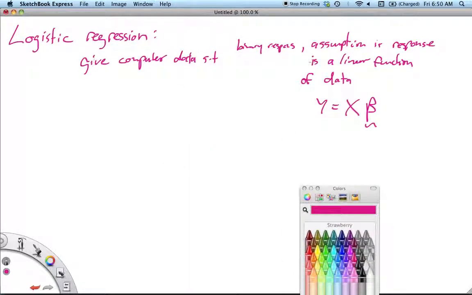You're going to give your computer this data, and there is room for interactions between variables here, but we just want to see that we're putting in data, and we're assuming that there's some kind of handy linear relationship between the data and the outputs, and that relationship is controlled by this vector of parameters, which we're going to use the data to estimate.